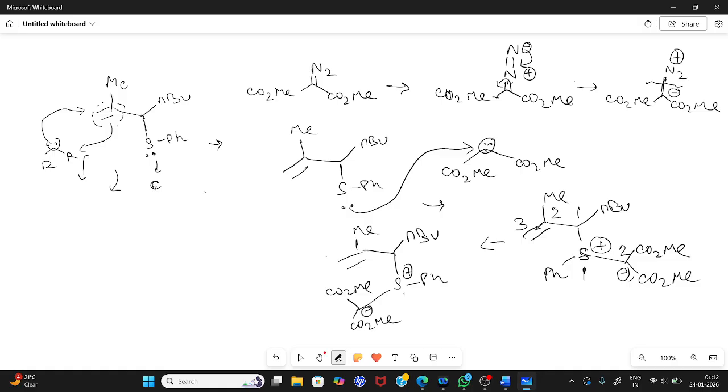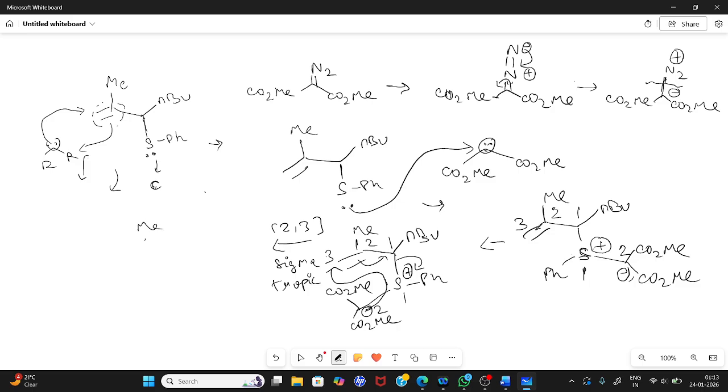So this is the negative charge, this is 1, 2, this is 1, 2, 3. So what you get is a 2,3 sigmatropic rearrangement. Basically this second position attacks the third position carbon, this bond moves here, and this satisfies the positive charge.